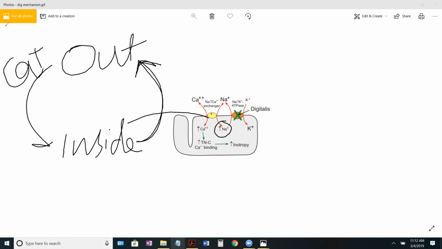So if due to any reason you increase the intracellular sodium, you can ask this pump to put this sodium out, and when it tries to put the sodium out, it will bring the calcium in. And when the calcium comes in, it will increase the contraction, and that is called inotropy. It's easy if you just understand.